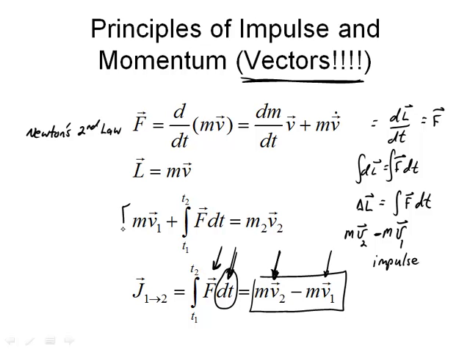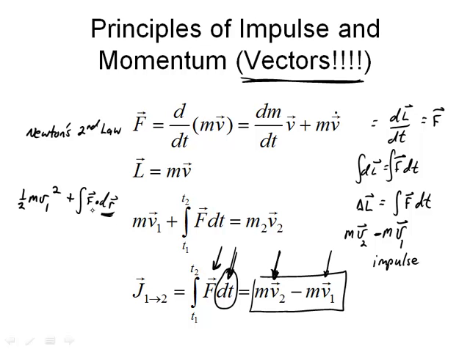Now, this equation looks very much like work and energy, and in fact it's very similar. 1/2 mass times speed squared. Notice this is velocity, that's a vector quantity. This is speed squared, that's a scalar quantity, plus an integral of F dot dr. Notice this integral is an integral of force with respect to position.